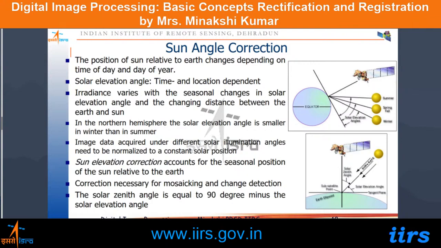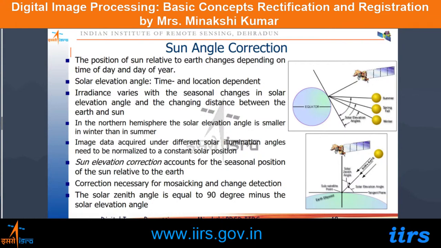Now, why is it necessary? It is necessary when we are working with different data sets that we need to mosaic, or when we are using temporal data and need to do monitoring or change detection. At those times I need to do this sun elevation or sun angle correction.